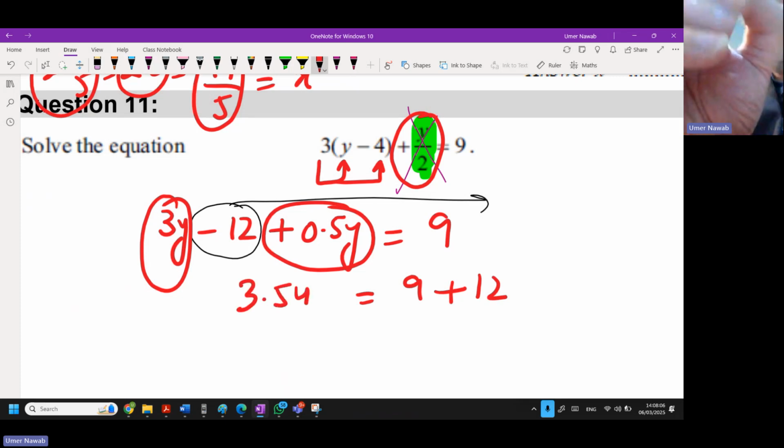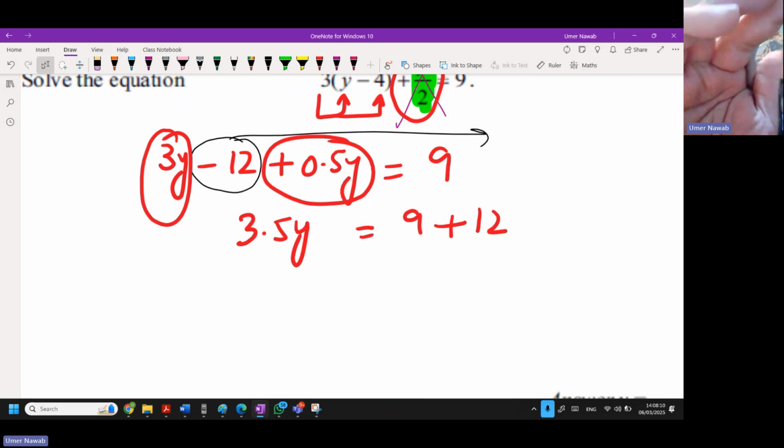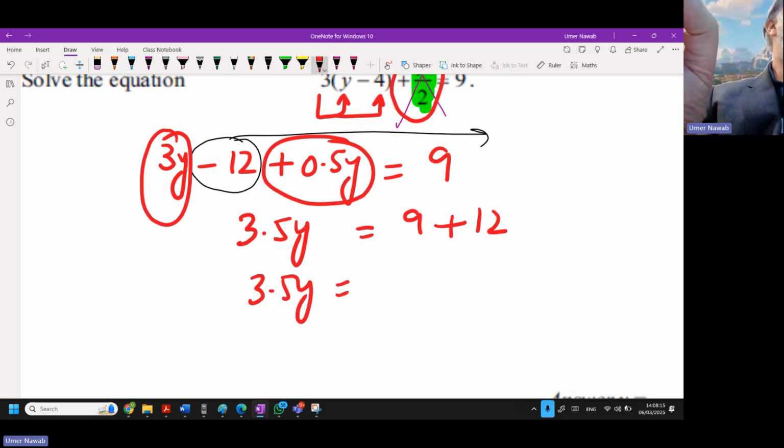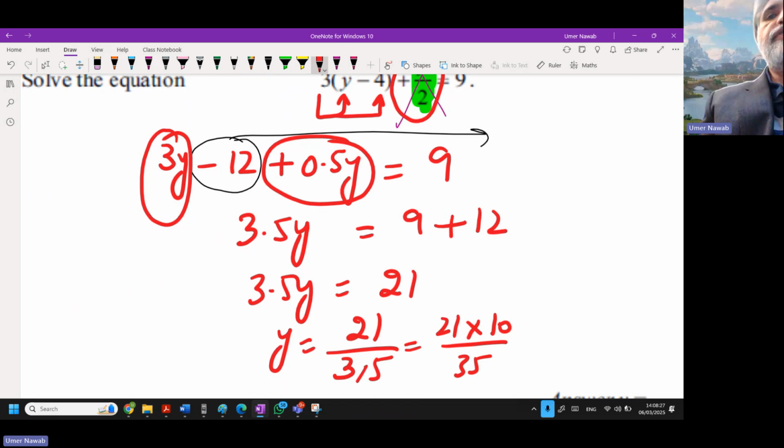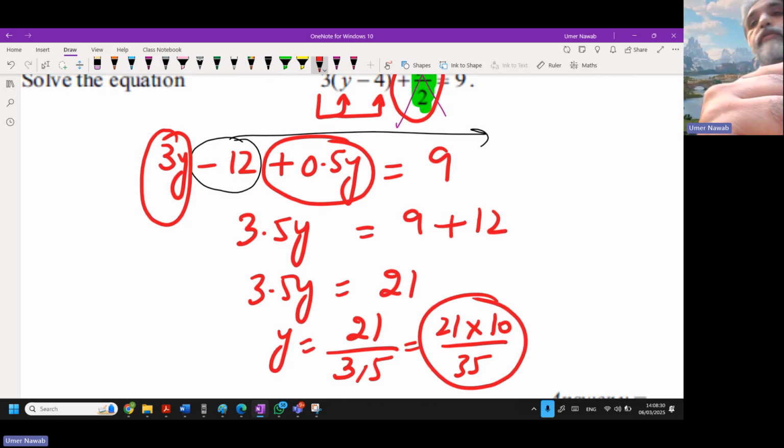So 3.5y is equal to 9 plus 12. So I'm going to check what finally I'm going to get. 3.5y is equal to 9 plus 12, which is equal to 21. And then y is equal to 21 divided by 3.5. Right? Now, if I remove the decimal, then 21 times 10 over 35 can be easily solved manually or mentally.